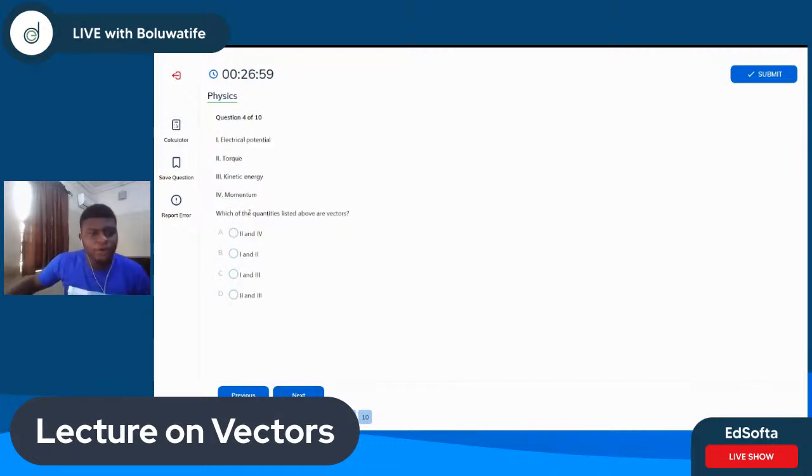Okay, now it's very straightforward. Which of the quantities listed above are vectors? We have electric potential, torque, kinetic energy, and momentum. Torque first has direction, because torque is force you apply in a given direction, so 2 has to be my answer. Looking at 3, kinetic energy: energy does not really have direction. Energy is just energy.